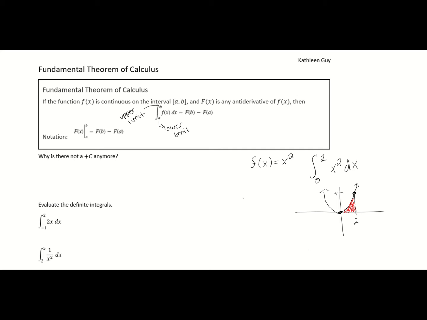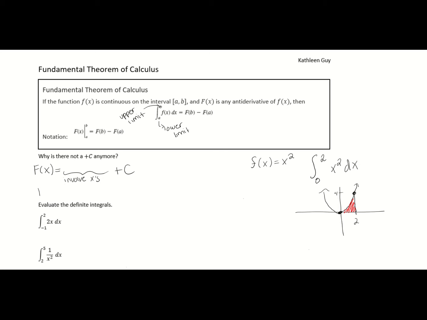So the first question I have here is, why is there not a plus c anymore? What happened to the plus c that we kept using in an indefinite integral? The reason is, imagine that you have the antiderivative F of x. You would have some part that would involve x's, and then you would have the plus c.